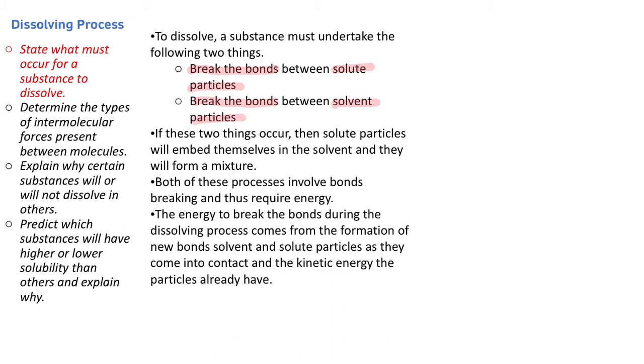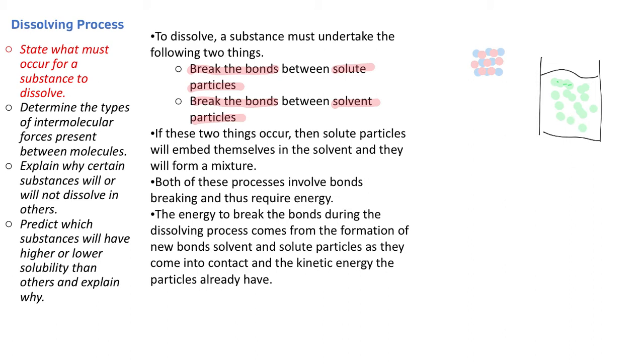Because if you think about it, if I have sodium chloride in an ionic lattice of positive and negative ions, and I'm dropping it into some water molecules, they're all just floating around.